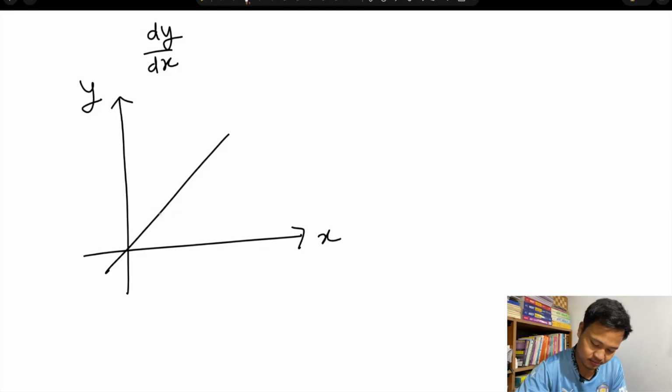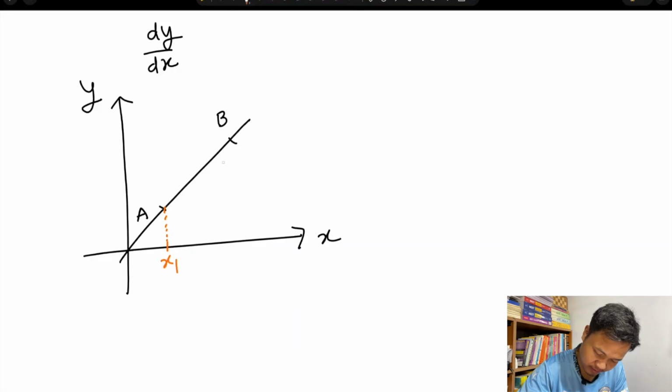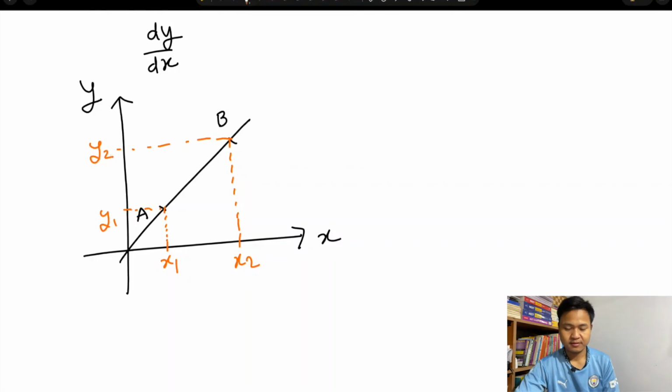I take 2 points, A and B, with coordinates x1, x2, y1, y2. This is the basic slope of a line.